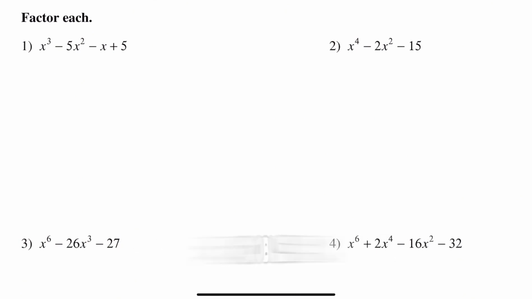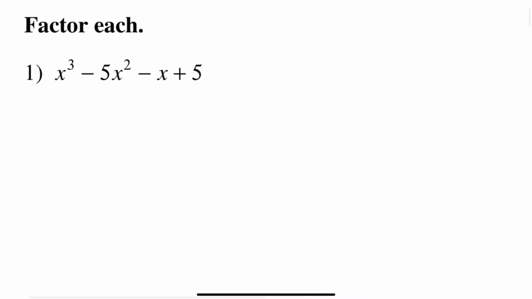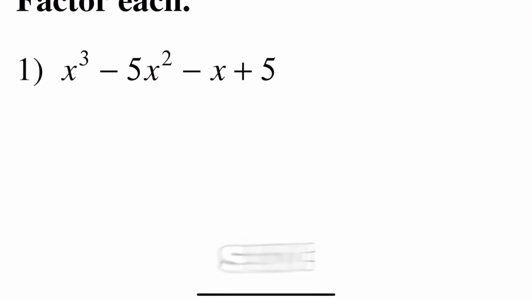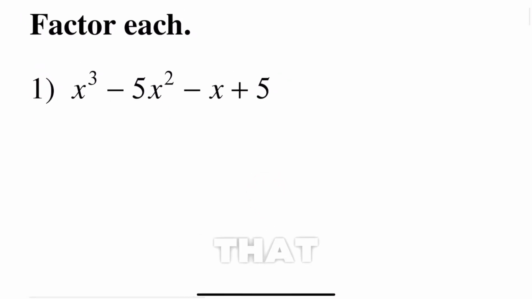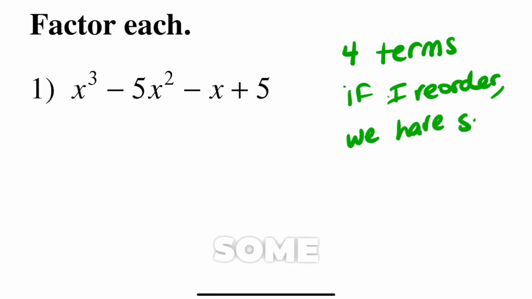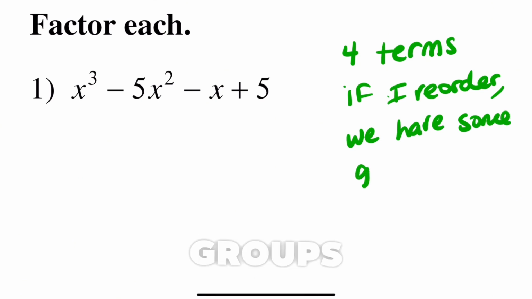As I'm looking throughout problem number 1, I noticed a couple of things. So I'm going to write to the side here. First thing I notice is that there's 4 terms. I also notice that if I reorder it, we have some groups with GCF.